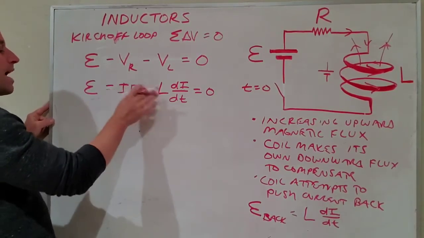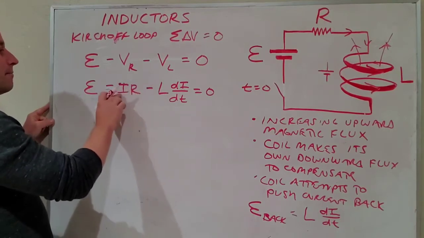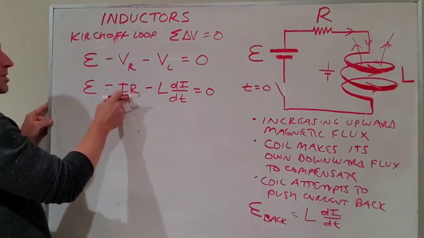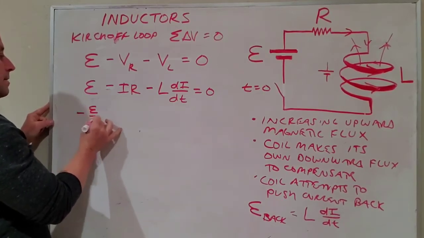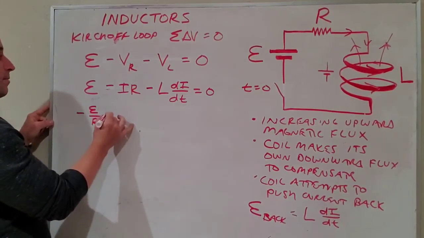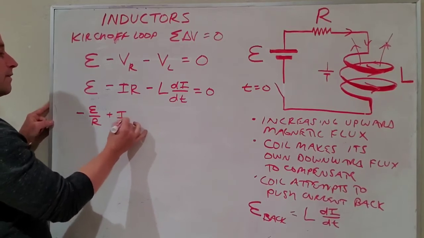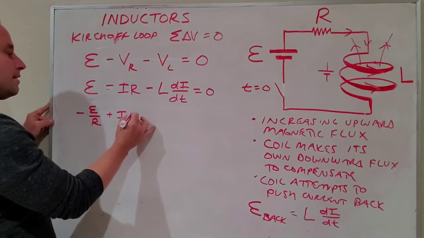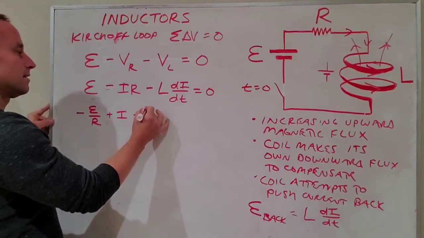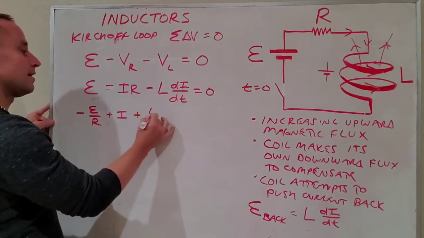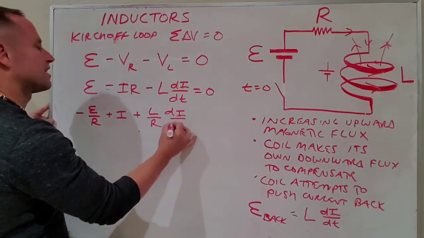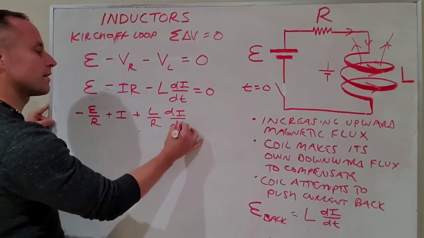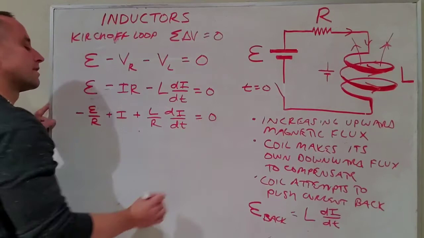So what I'm going to do is divide everything by minus R just to get rid of this. So I'll get minus epsilon over R plus I, the thing that I'm looking for, plus L over R di dt. So again, all I'm doing is just clearing the coefficient of the thing that I want, equals 0.